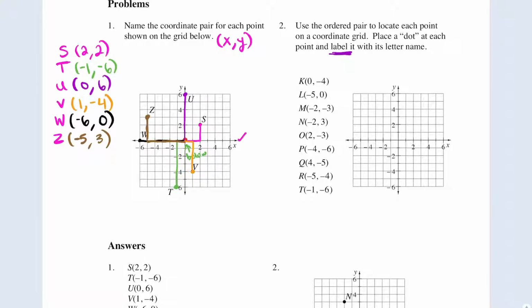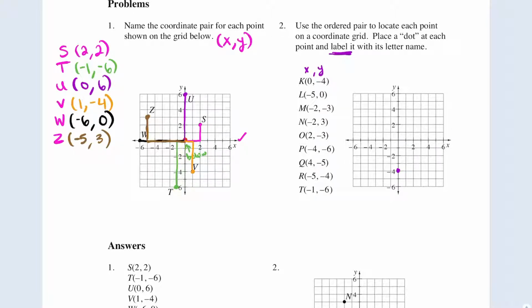So let's see. Point K is at 0, negative 4. So I'm going to find 0 on my coordinate plane. So there's 0 on my x-axis, right? And then I need to go to negative 4 on the y-axis, right? So this is x, comma, y for all of these. So my x is 0, and now my y is negative 4, so I'm going to go down here.